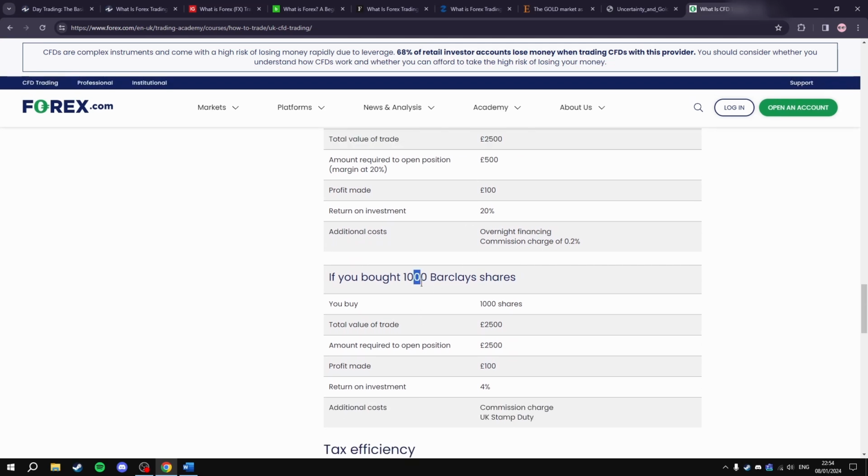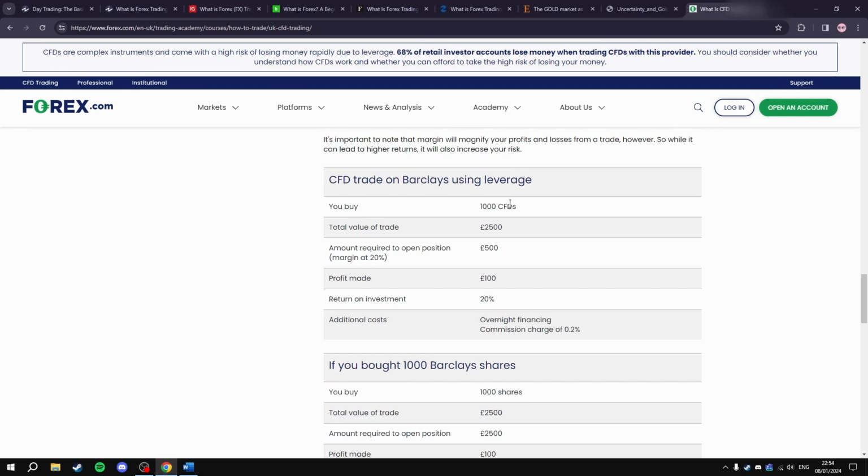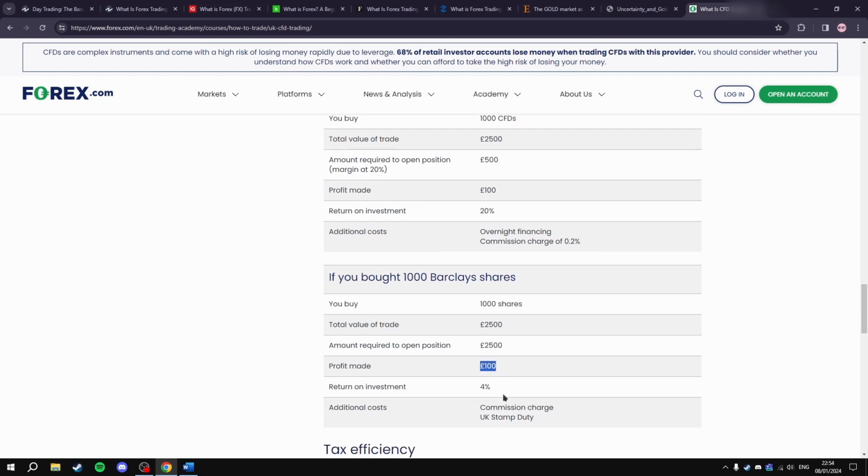If you buy 100 Barclays shares, 100 shares, 2,000 amount to open position. Profit made, return on investment, commission charge, UK stamp duty.